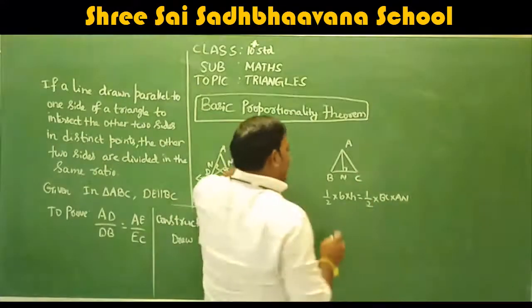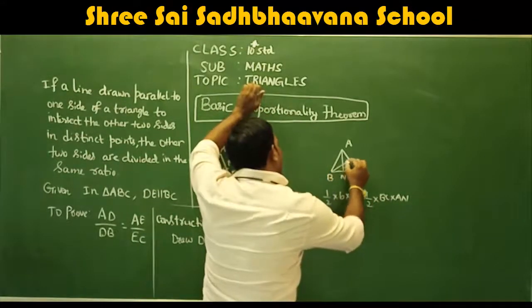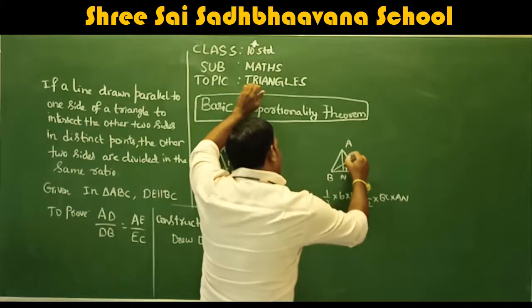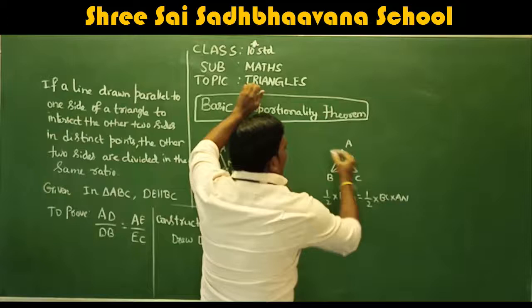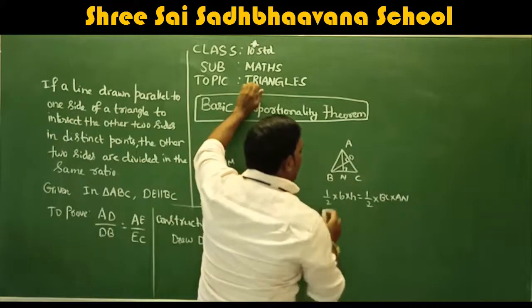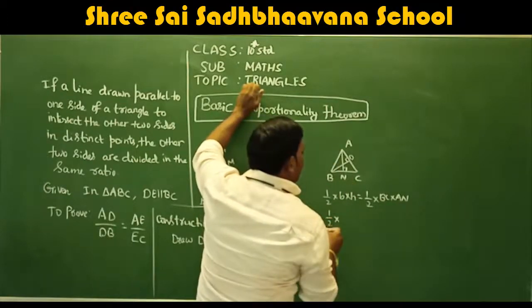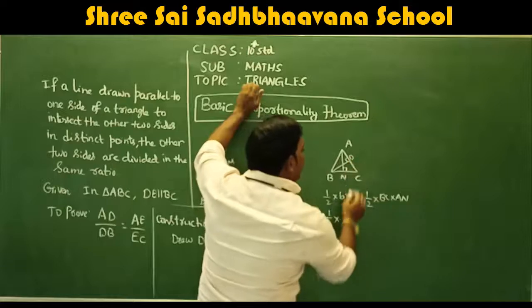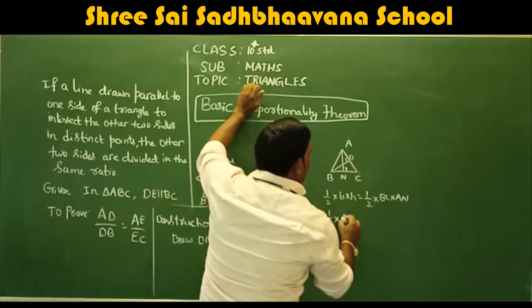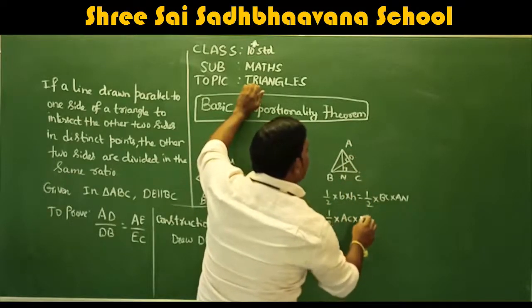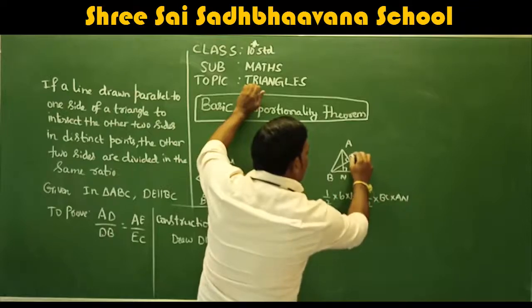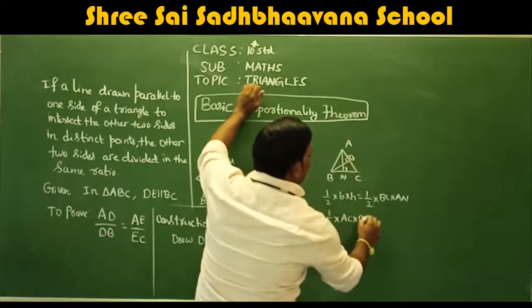Correct? Similarly, if I draw a perpendicular to another base, let it be taken as BO. What will be the area now? Here I am taking AC as the base and BO as the perpendicular.